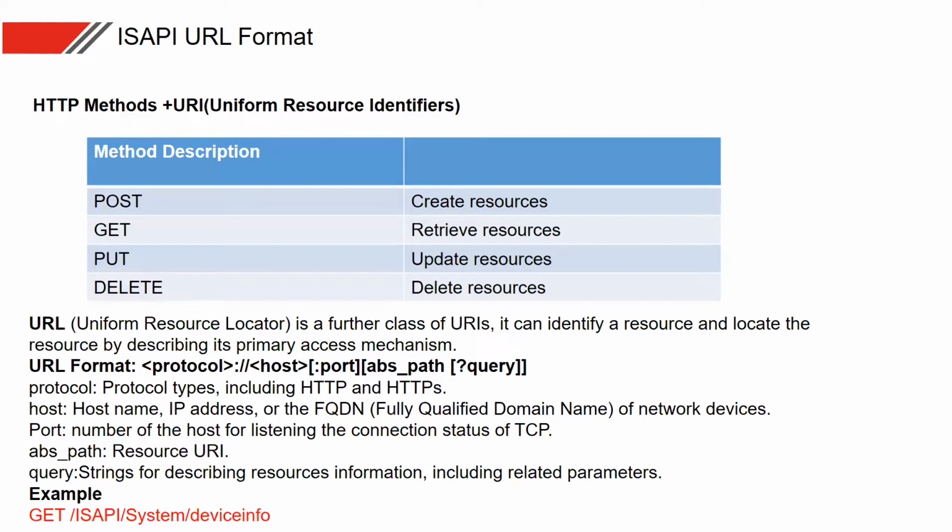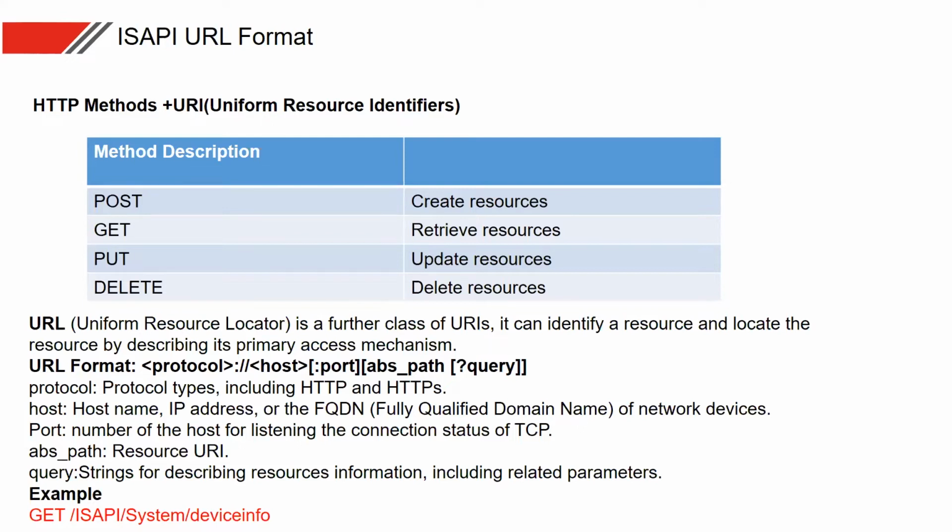Put means you want to modify or update some data on the device. For example, if you want to change the video encoding parameter, you use the put method to modify the configuration on the device. Delete is to delete resources. For example, if you use an access control device and want to delete a user from the device, you call the delete method.